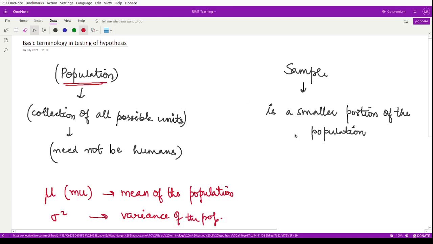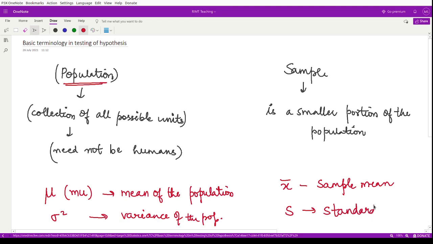For the sample, you may use x bar to represent the sample mean, and small s to represent the standard deviation.